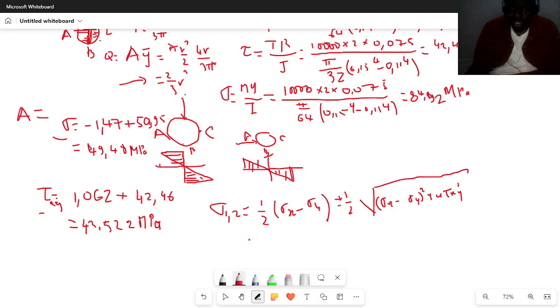So now what's happening here? Remember, your rho y here is always taken as 0. So the stress that you found here as the main one, this is the one that you consider as rho x.